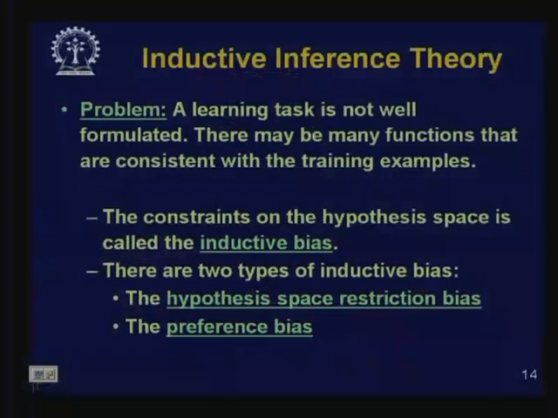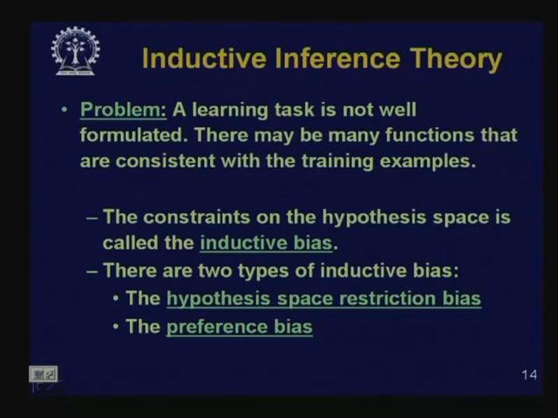There could be a bias while designing the hypothesis space. As we discussed, the set of hypotheses is defined by the hypothesis space, and the hypothesis space is defined by the data structure or representation that we use to describe the hypothesis. So, by restricting the language for the hypothesis space, you have a restriction bias.